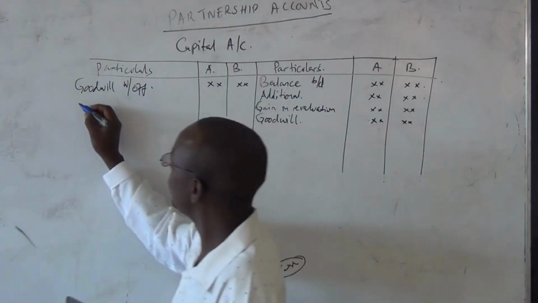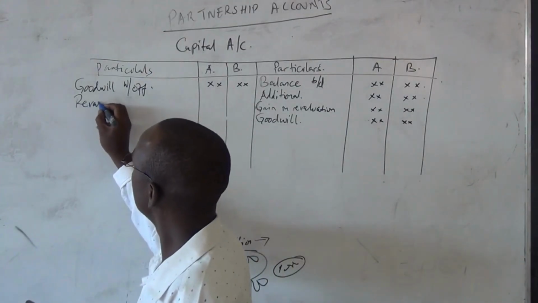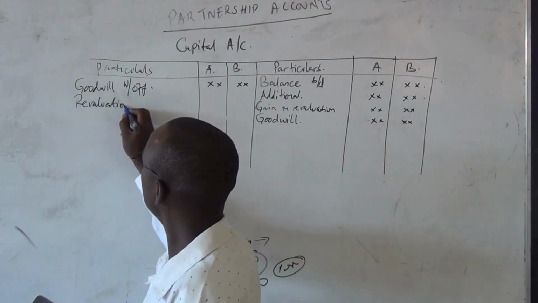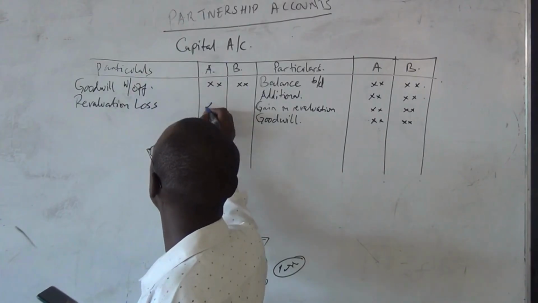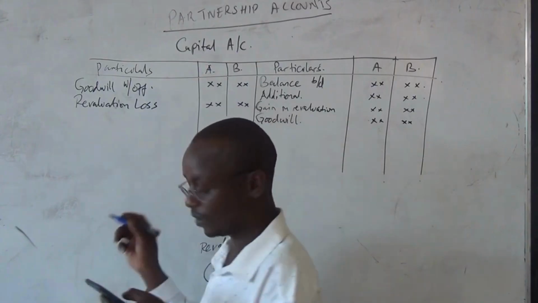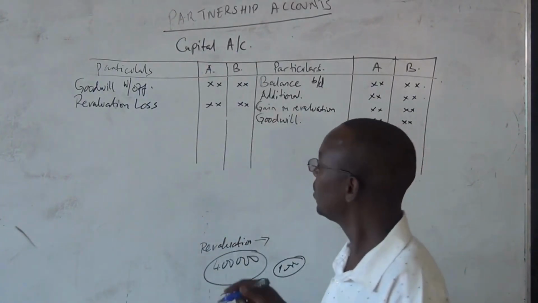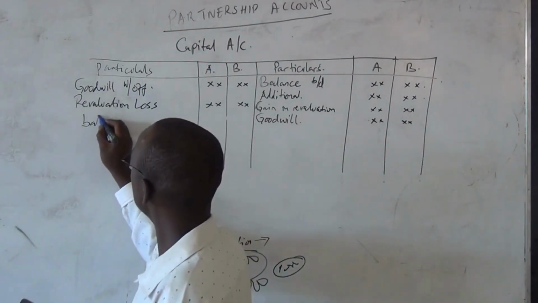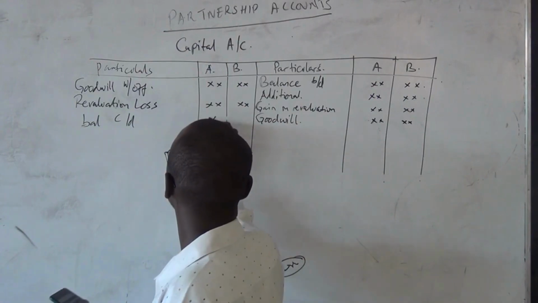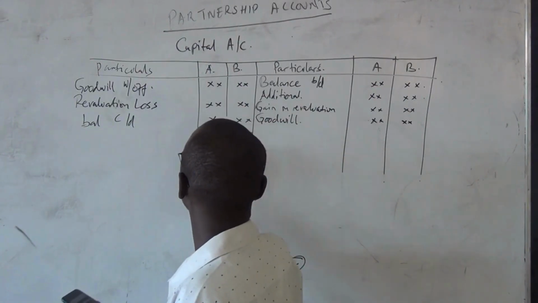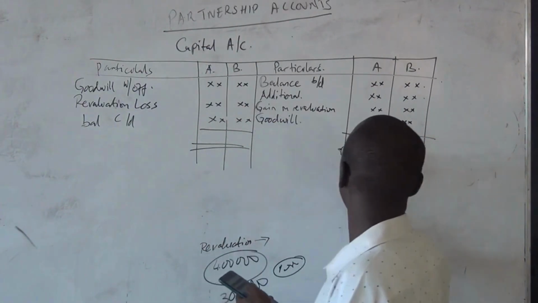Sometimes you have a revaluation loss. You put it here. Then you will get the balance carried down, and that will be our capital account.